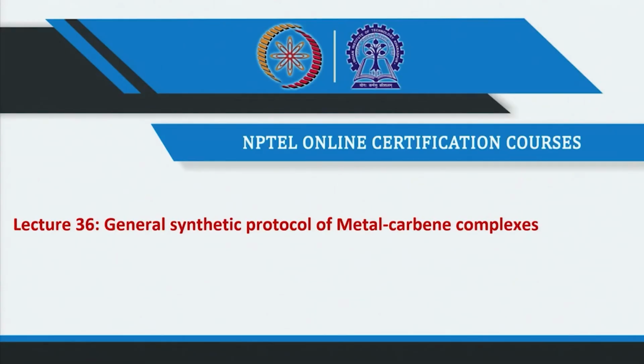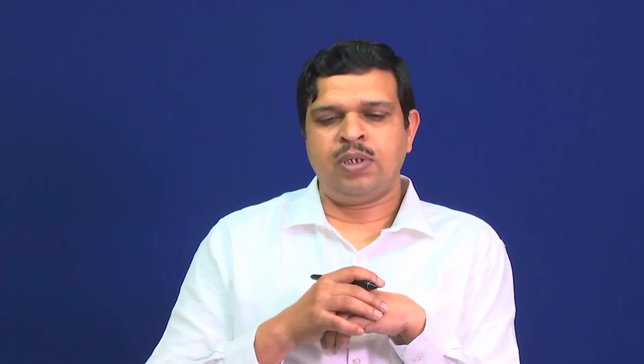So in the last class, we discussed the general structure of the metal-carbene complexes and the categories of the different metal-carbene complexes like Fischer, Schrock or alkylidene, vinylidene complexes, and mixed Fischer-Schrock type carbene complexes.